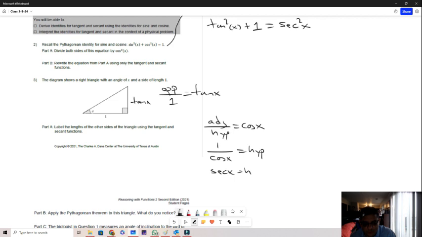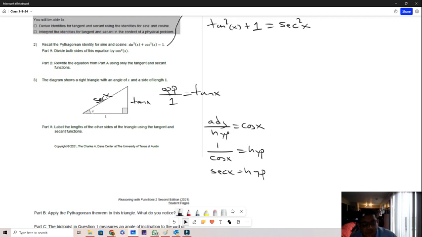So if we have a triangle like the one we have here where the adjacent side measures 1, then the hypotenuse measure is going to be secant of x, and the opposite measure is going to be just the tangent of x.